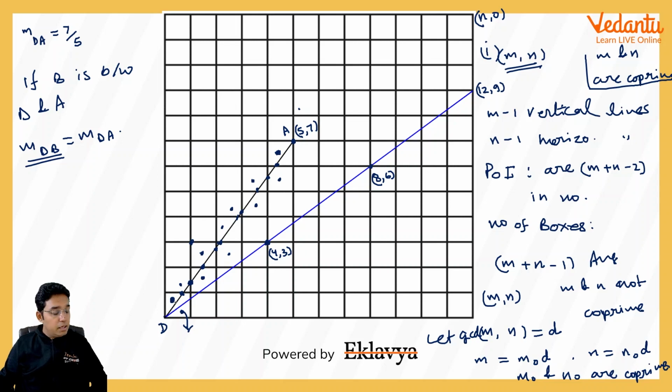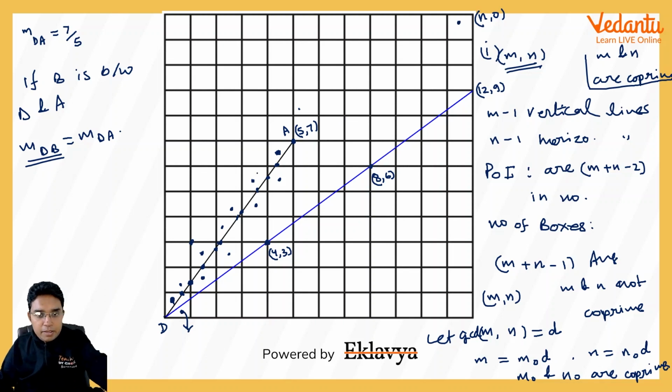This line should start from some point here and it should go to some point here, so that all horizontal lines are intersected and all vertical lines are intersected. Okay, but there are chances that if we choose such points randomly, joining them may pass through some of the junction points, that will reduce our number of boxes being intersected. So better would be that I start with this D.